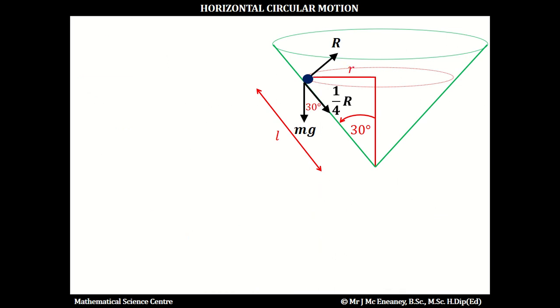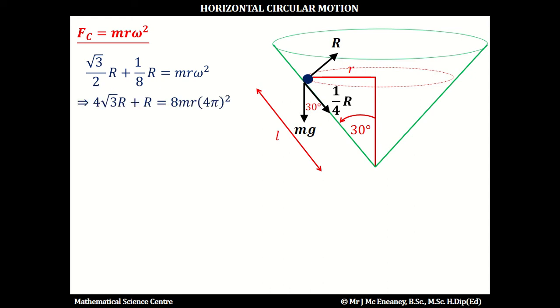Next of all, if we examine the forces acting on the particle towards the center, the centripetal force Fc is mrω². Now the forces towards the center, we had √3/2 times R plus 1/8 times R, and this equals mrω². Now we were told that ω was 4π.